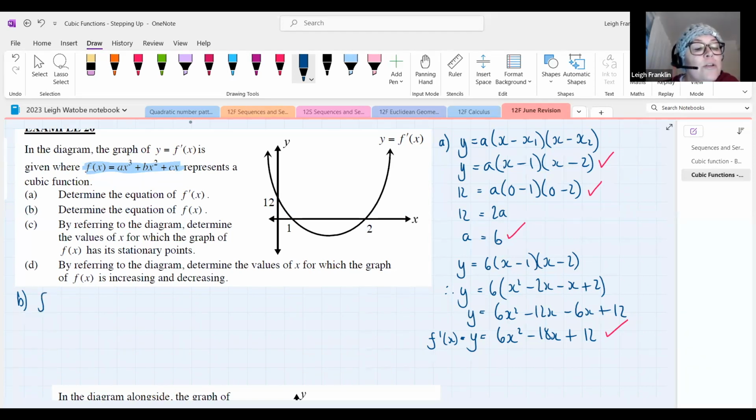So if I've got f of x equals ax cubed plus bx squared plus cx, my first derivative is what, Lebogang? It would be 3ax squared plus 2bx plus c.